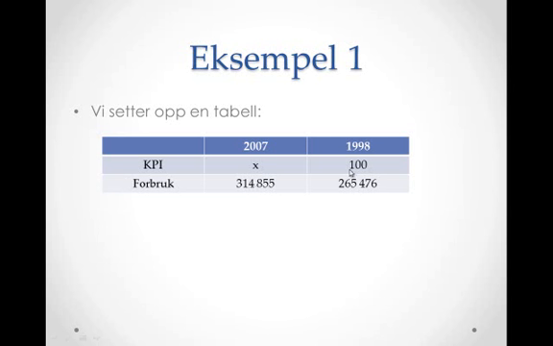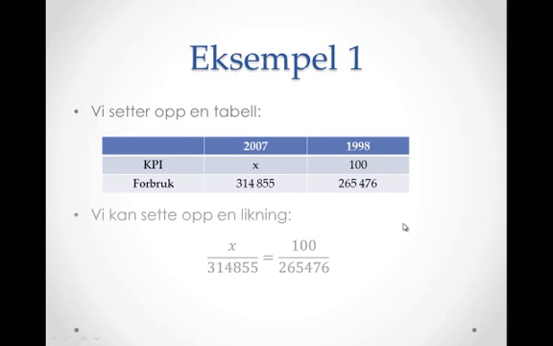And then I just put in 100 for the Consumer Price Index of the base year 1998, and I enter the numbers for the consumption for 2007 and 1998. And from that I make an equation: X over 314,855 equals 100 over 265,476.